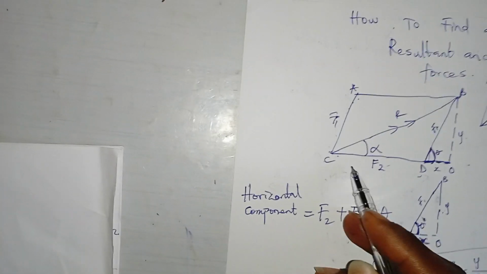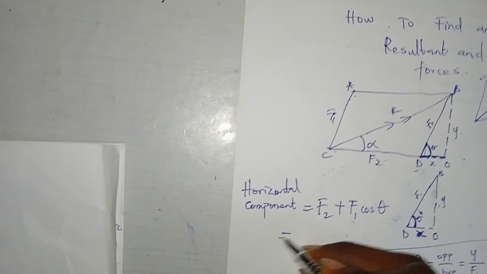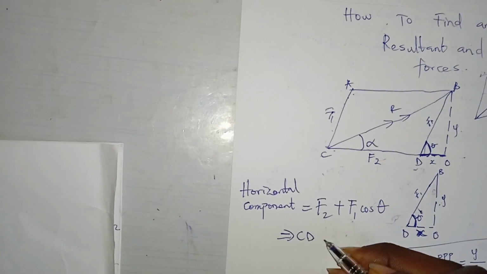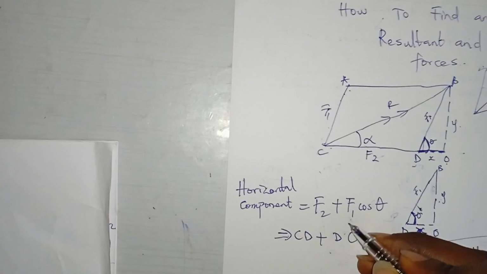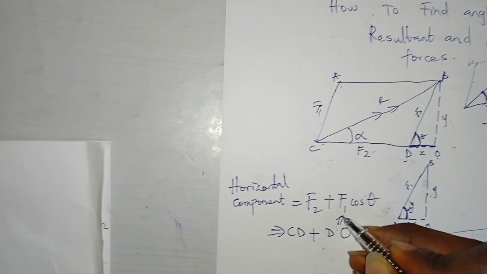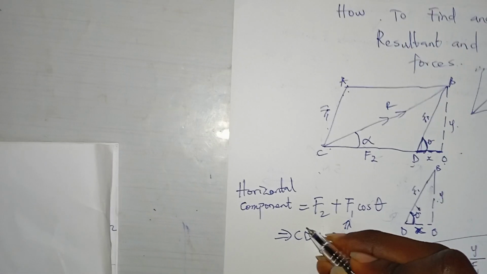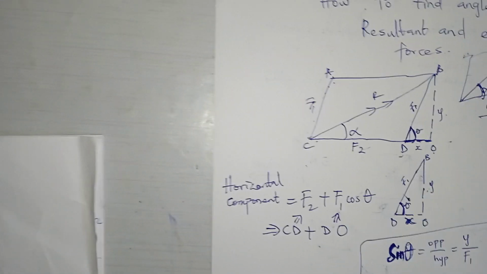The reason being that this is the same thing as CD plus DO, and DO is equal to this, and CD is equal to this.